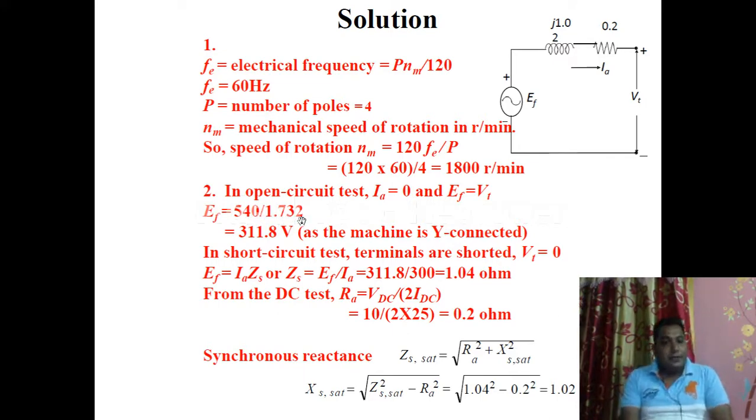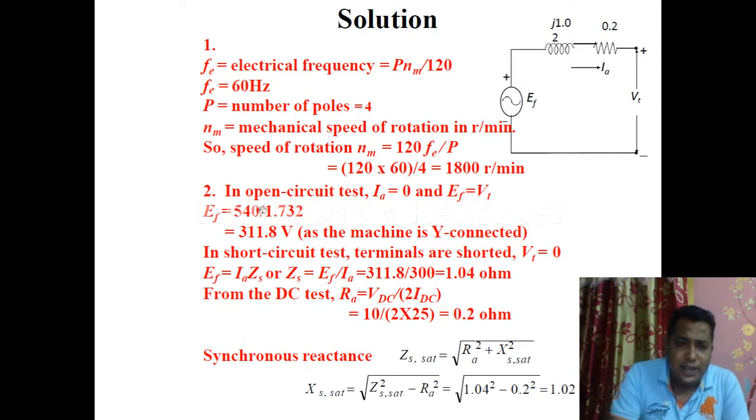Why have we divided by 1.732? Because the problem says it is star connected, so to find the per phase voltage we have to convert from line voltage to phase voltage. We know VL is equal to root 3 into V phase, so V phase is equal to VL by root 3. The value of root 3 is 1.732, and from there we can find the per phase value.